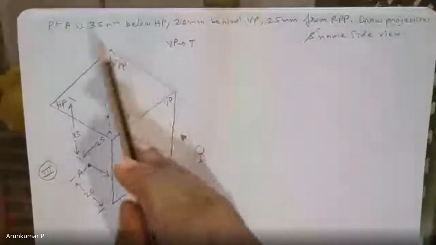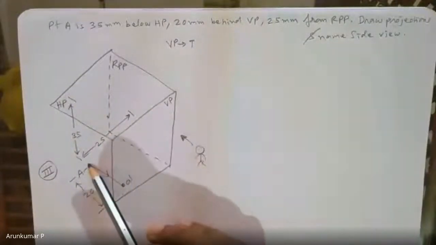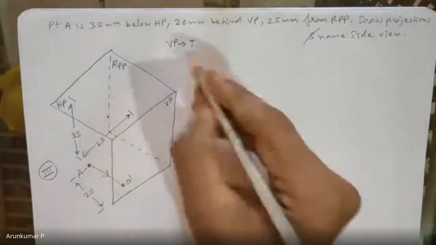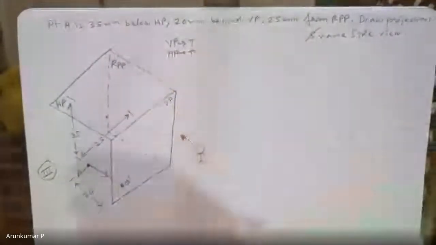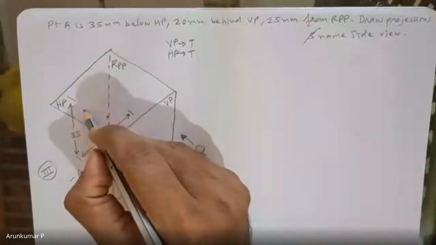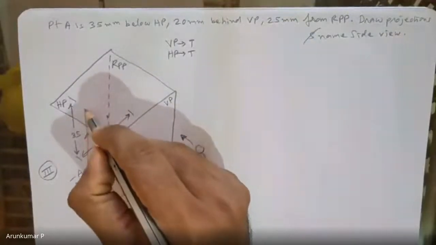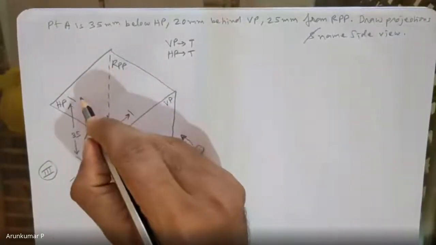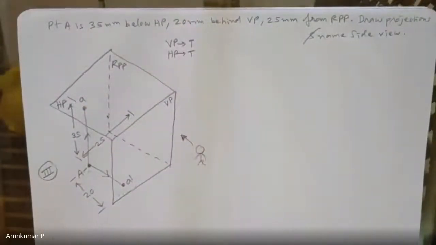Now, when you look from the top, because of the horizontal plane, you'll not be able to see the point A. So HP also should be made transparent. When you do that, then you'll be able to see the point A. This is the top view.